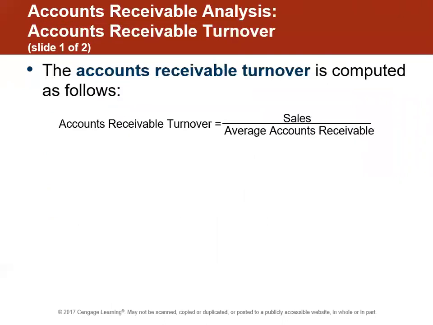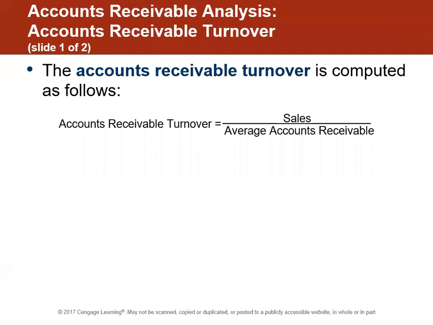When we look at accounts receivable turnover, we're just going to take sales divided by average accounts receivable. When you see average accounts receivable, we need to take last year's accounts receivable plus this year's accounts receivable and divide by 2. That's one thing that trips students up a little bit. I did not put it on your notes.